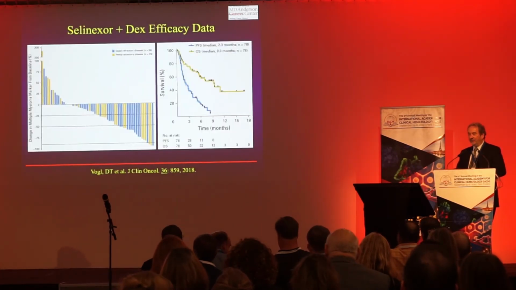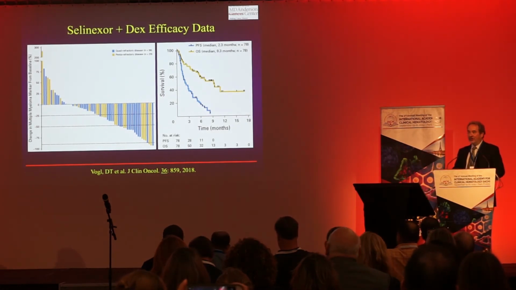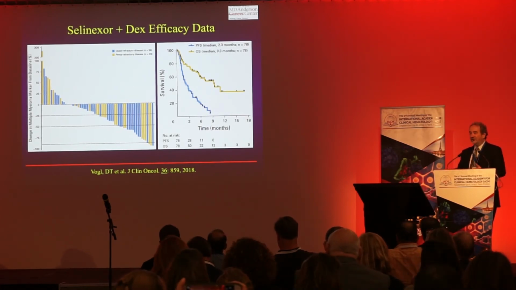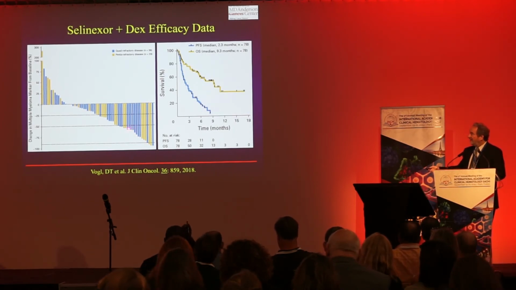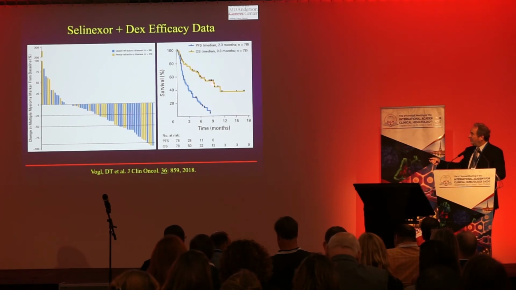But just briefly touching on some of the new drugs that are out there, you earlier on this session heard about selinexor. The first approval for selinexor turns out to be in myeloma, where you can see that there were patients that had good responses, although also quite a few that did not, and median progression-free survival was 2 to 3 months, while overall survival was 9 months.